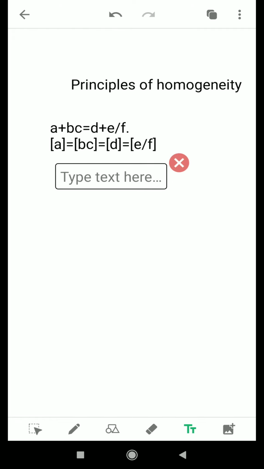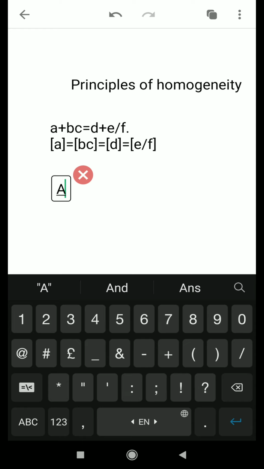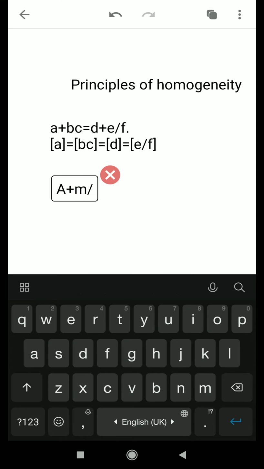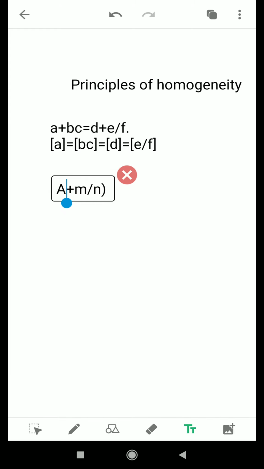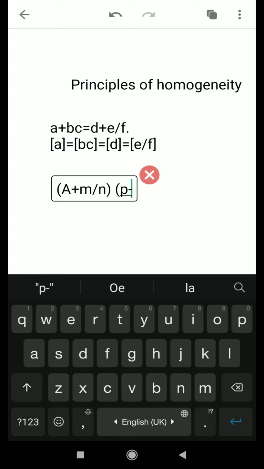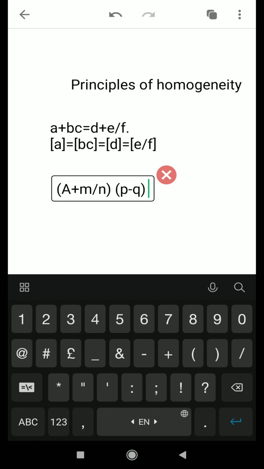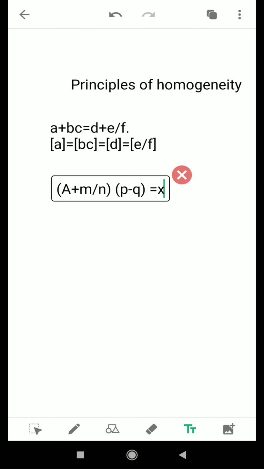Now I will tell you some examples. Suppose A plus m by n, into P minus Q, is equal to X. From this equation, what can you tell according to the principles of homogeneity?